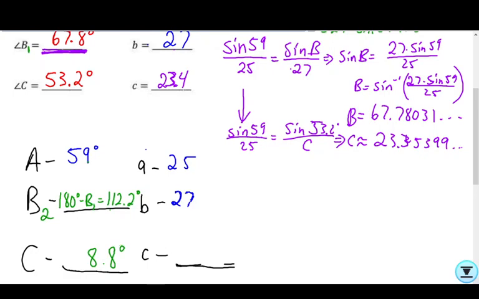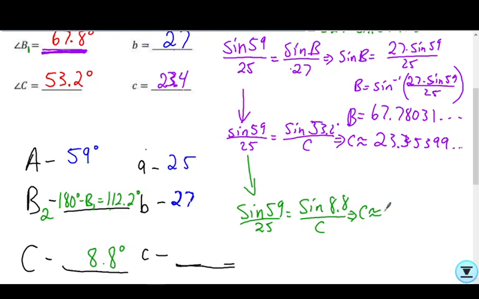And then the last thing that we need to do is find side C, and again, I'm going to use the same exact ratio we started with and find the new side C for the second triangle.